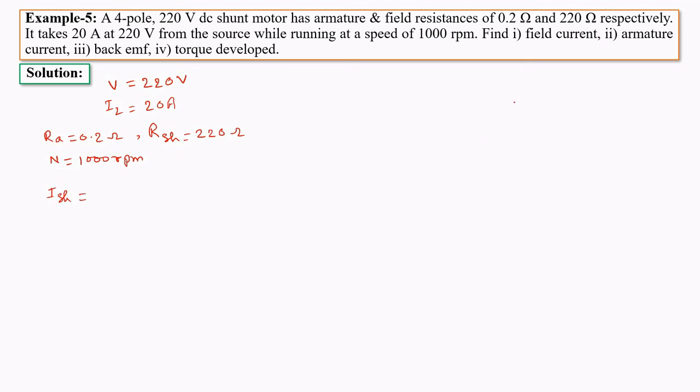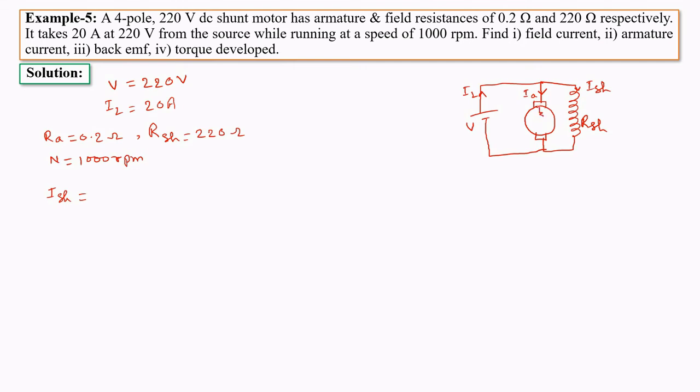If we draw the DC shunt motor, the armature winding and the field winding are connected in parallel across the supply voltage. So here it is the V, this is the line current IL, this is the armature current IA, field current ISH, field winding resistance RSH.